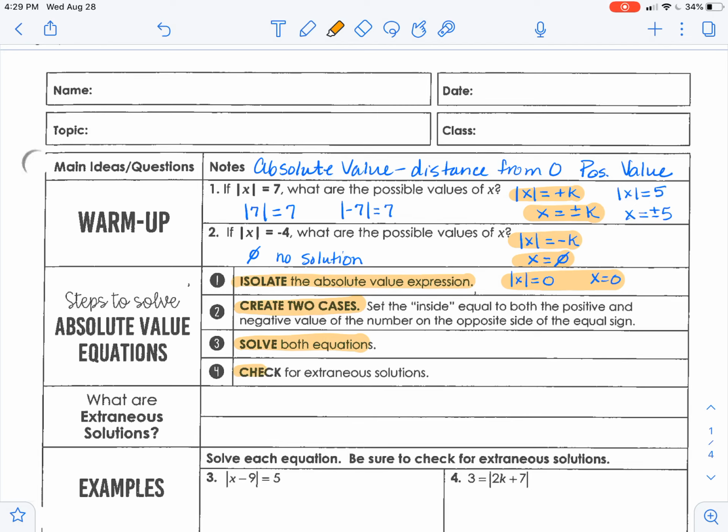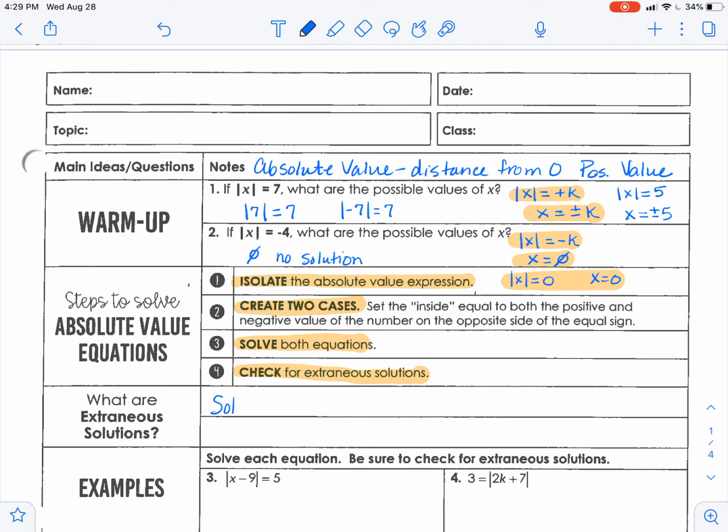And then you always need to check for what's called an extraneous solution. An extraneous solution is when we solve the equation and we get a number, but if you try to check it by putting that number in, it doesn't actually work. So what is an extraneous solution?